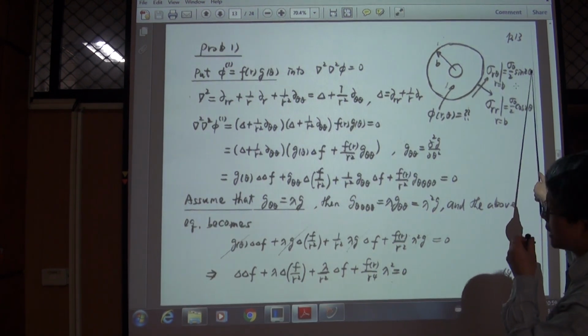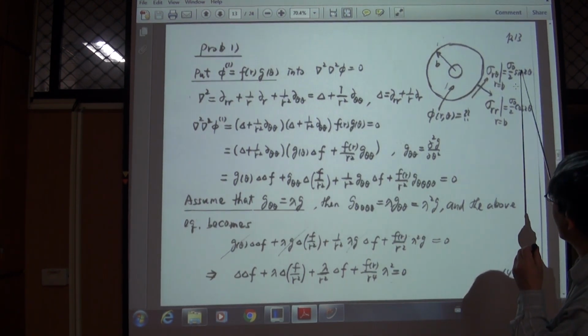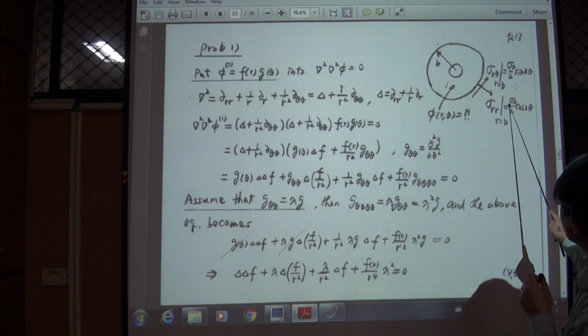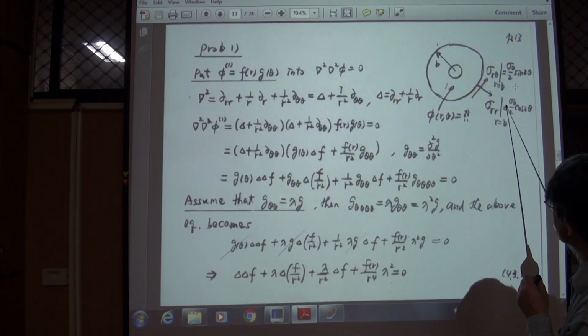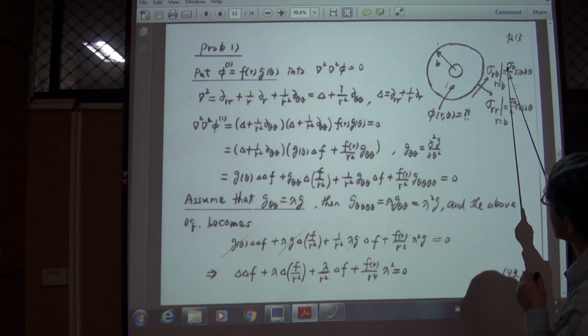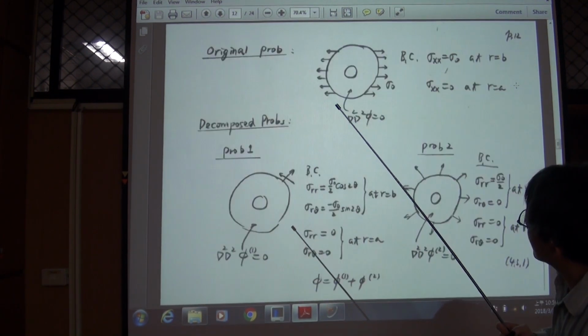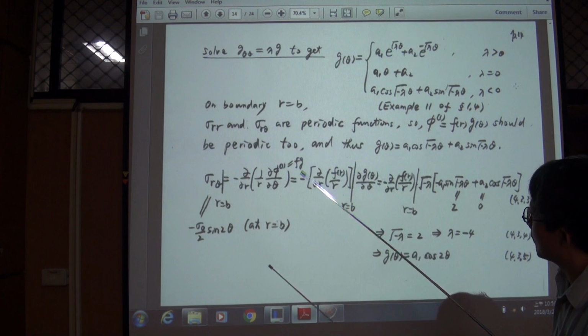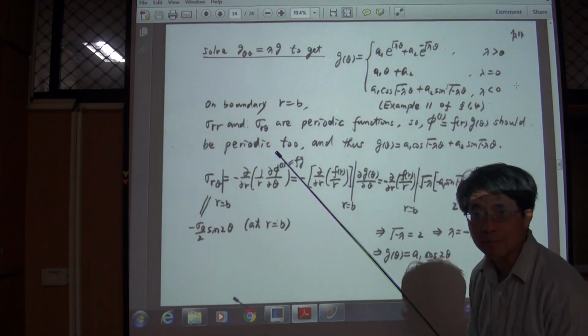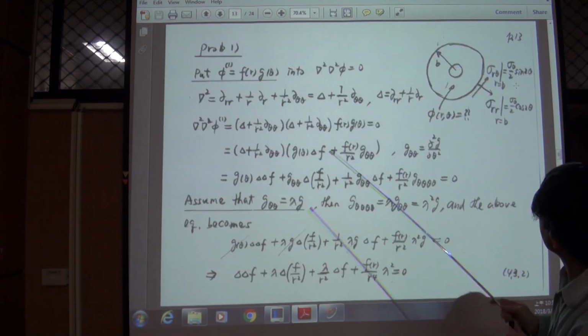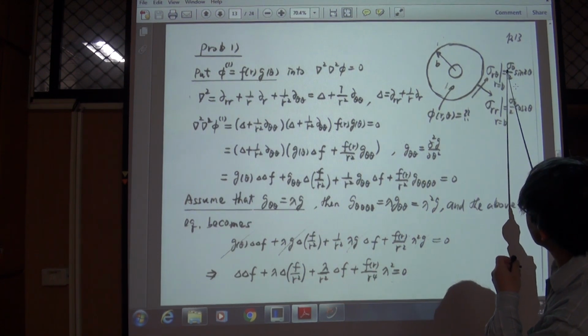Remember this is minus. Yes, I made a mistake, it is minus. So change it to minus.